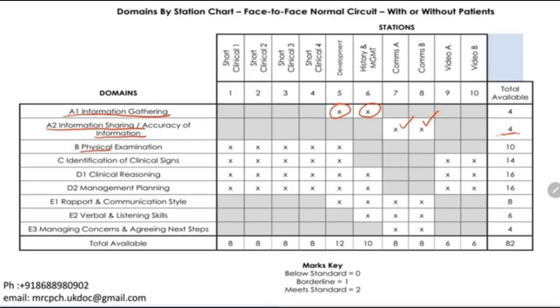And domain B, that is physical examination, is tested in all 4 clinical stations plus the developmental station, so a total of 10 marks for domain B.